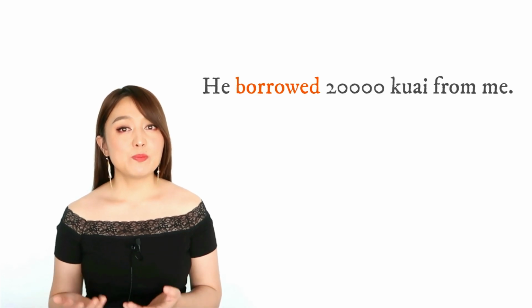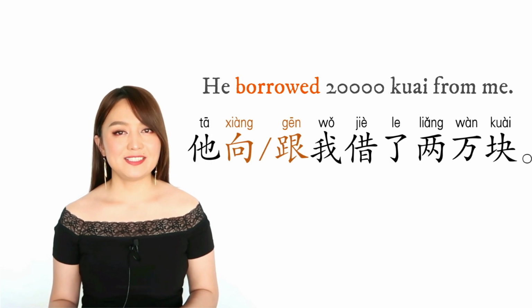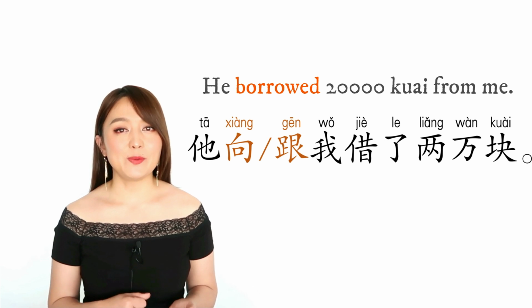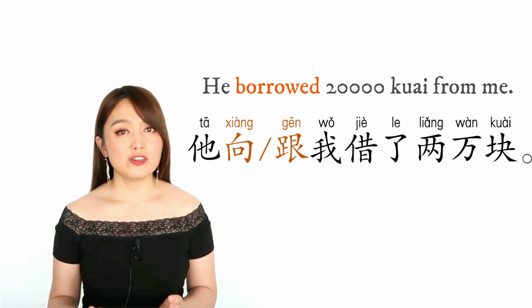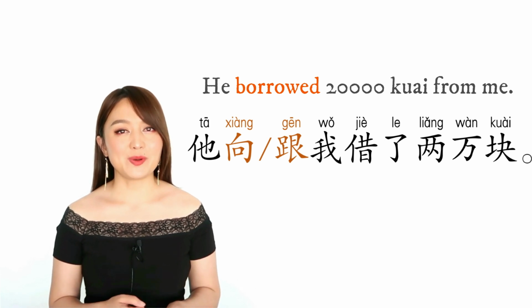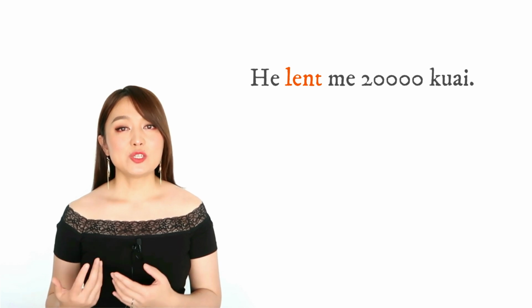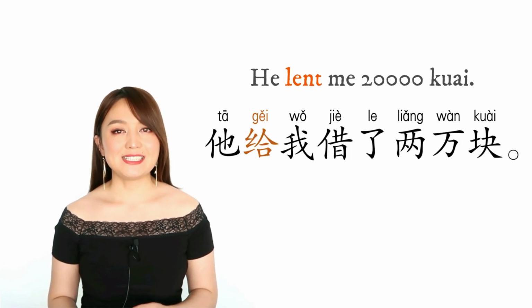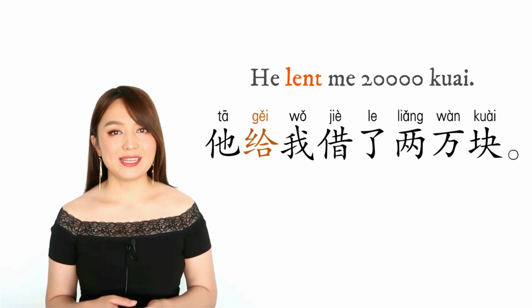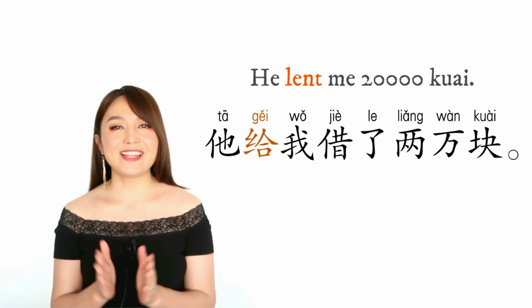To say, he borrowed 20,000 块 from me, it's 他向我借了2万块 or 他跟我借了2万块. And to say, he lent me 20,000 块, it's 他给我借了2万块.